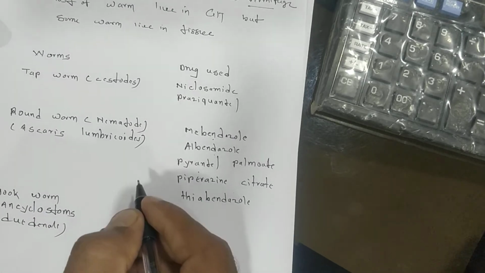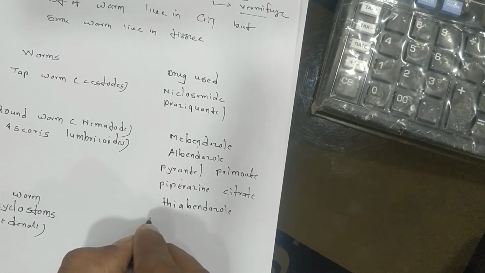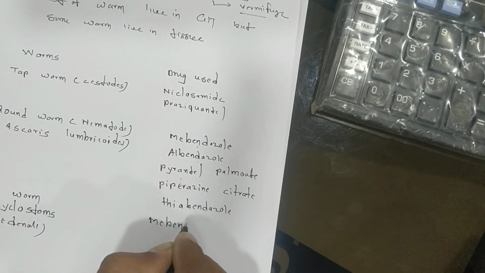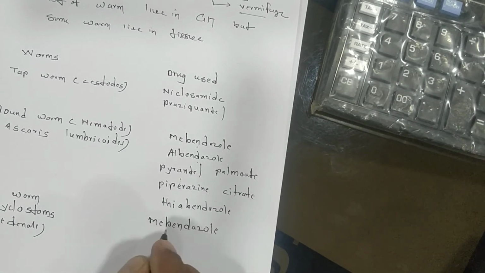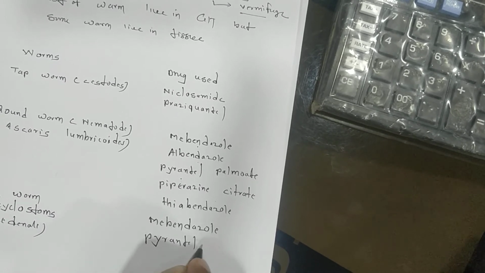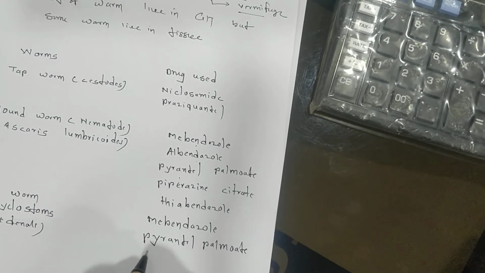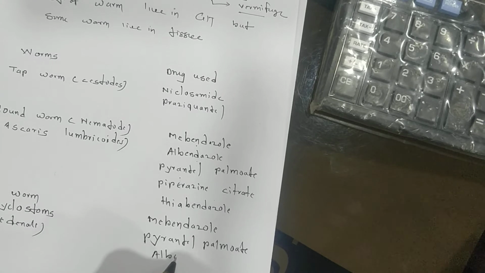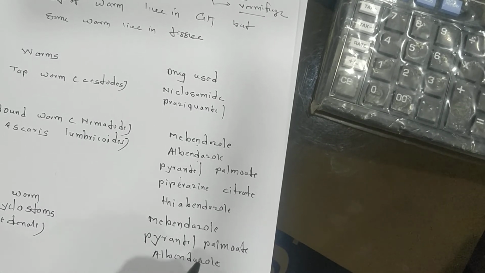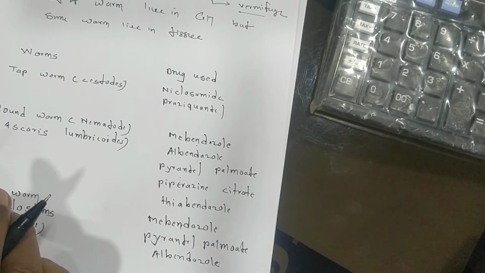Example choice of the drugs used for that: mebendazole, pyrantel pamoate, albendazole. Albendazole is the most common drug used for so many types of worms. Roundworm is present in your GIT.